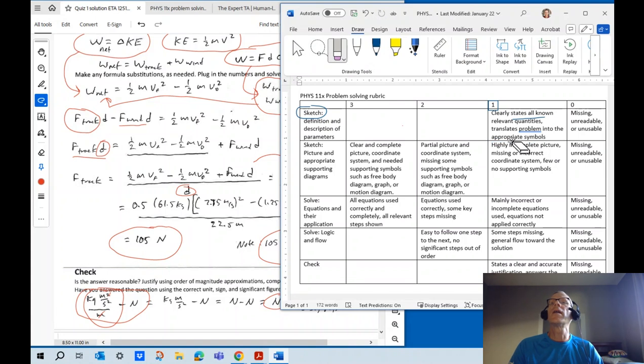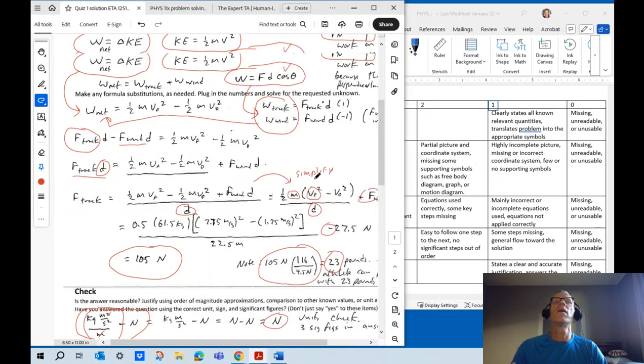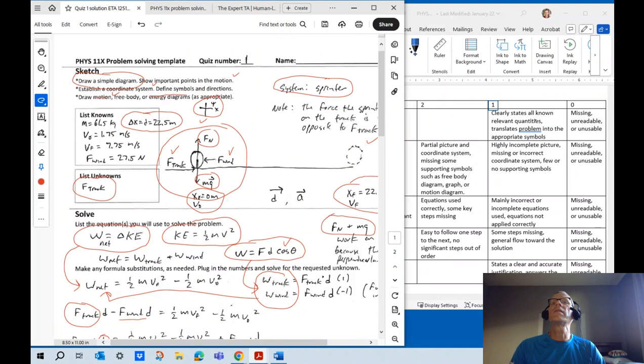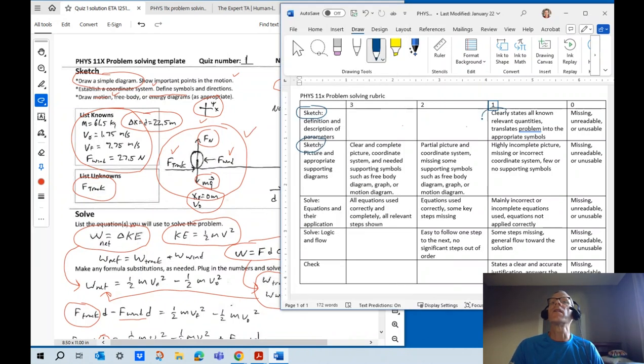So these are all symbols that we're familiar with, and they are applied here and labeled appropriately. So I think that is clearly a 1 point solution.